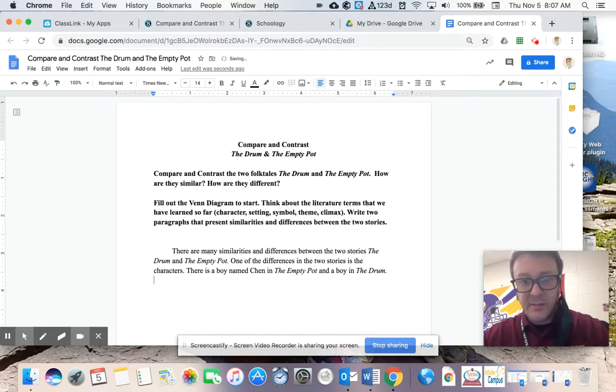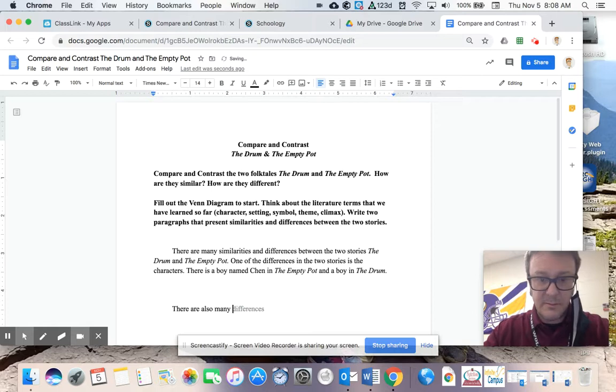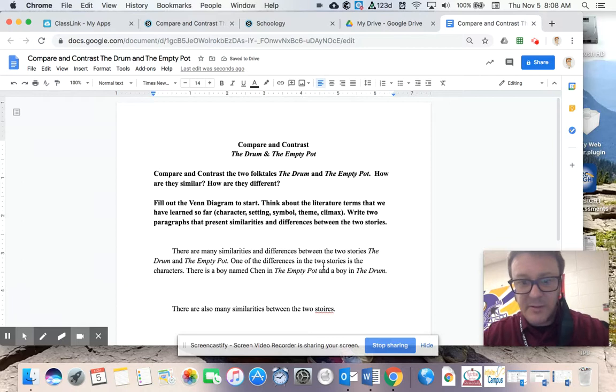Now I'm going to pretend like I have written the rest of my first paragraph and move on to my second paragraph. All right, notice that I'm leaving space, and I'm going to begin my second paragraph. All right, and say, there are also many similarities between the 2 stories.